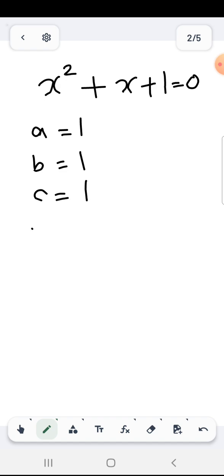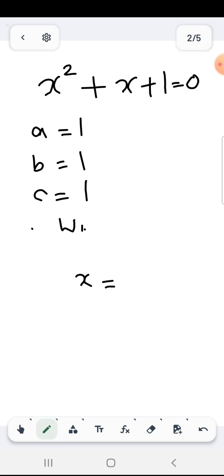If we find the solution of this equation, you can use any method like using the formula or using factorization or using a calculator even, then in that case you can see this equation will not have any solution. You will not get a value for x in this case.